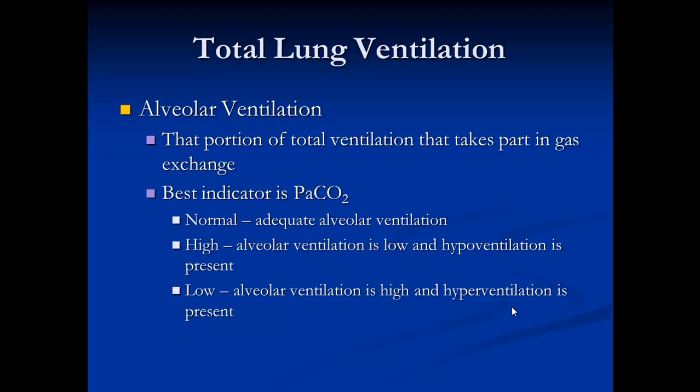When the patient is hypoventilating, such as all the examples that we discussed in class, patients that are opioid overdose, patients that have kyphoscoliosis or any type of deformity of the chest wall, patients that have central nervous system problems, patients that are retainers of CO2, then the PaCO2 will be high.